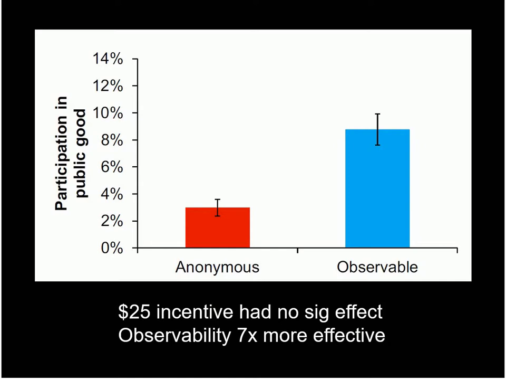That's one of the frustrating elements of this that I'll talk about more later. People are like, yeah, whatever, we're going to keep doing the cash incentives. But anyways, from an application perspective, this suggests that this observability thing can be really powerful.